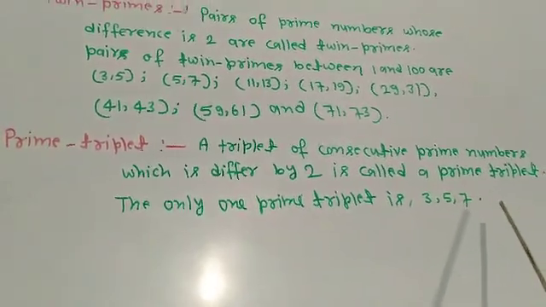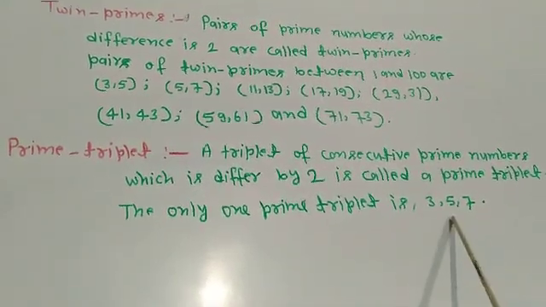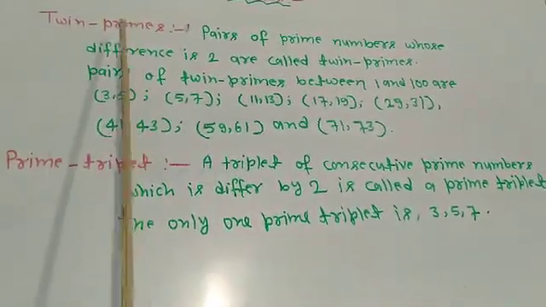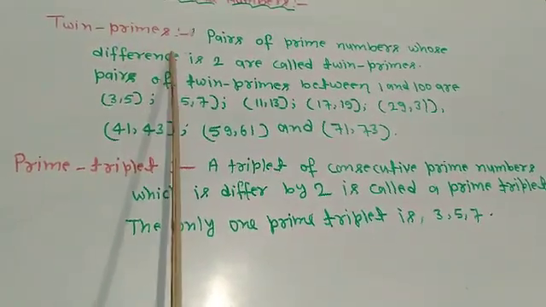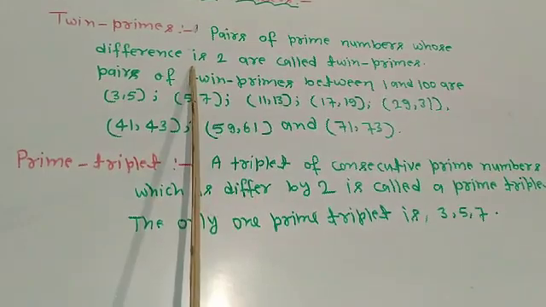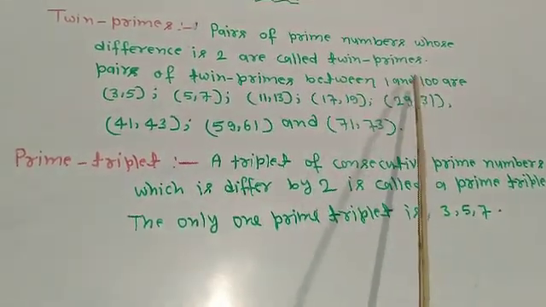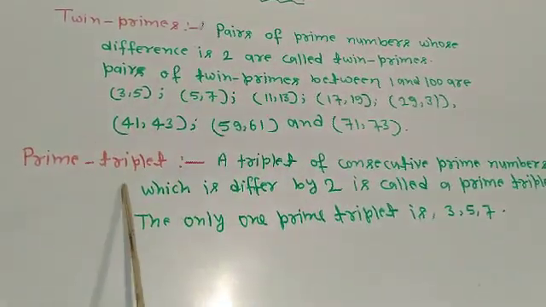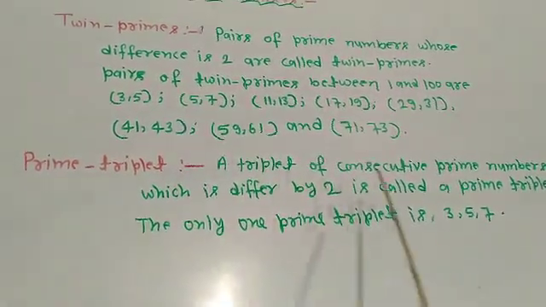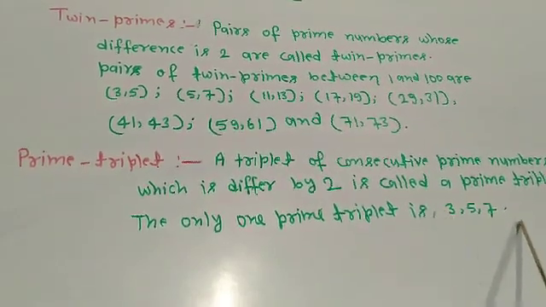A group of 3 prime numbers which differ by 2 is also called a prime triplet. But in the case of twin primes, a pair of prime numbers whose difference is 2 are called twin primes. In the case of a prime triplet, it is a group of 3 prime numbers which differ by 2.